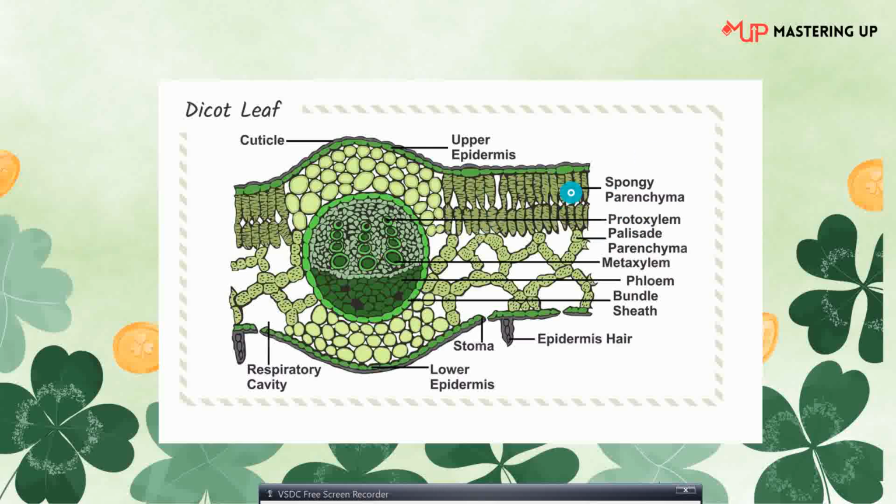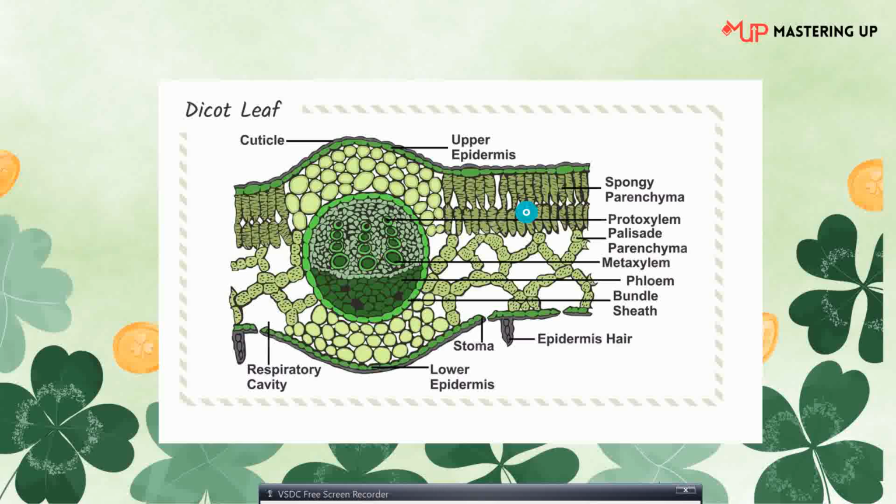The mesophyll cells are also made up of parenchyma, and the mesophyll cells present on the upper surface of the leaf are called the palisade mesophyll, and the mesophyll cells scattered here and there in the lower part are called the spongy mesophyll cells.